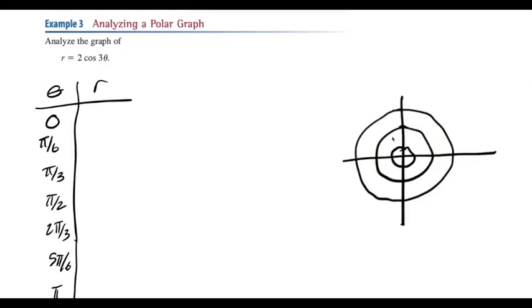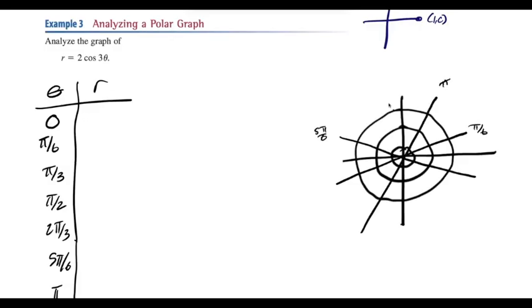The first one, well, let's draw a unit circle. It's going to be 1, 0. Actually, before I do that, if I'm doing pi over 6 and pi over 3, I need to put the lines on here. So pi over 6 is close to the axis over here. 5 pi over 6 will be over here. That's pi over 3. And then same thing over here, that would be 2 pi over 3.